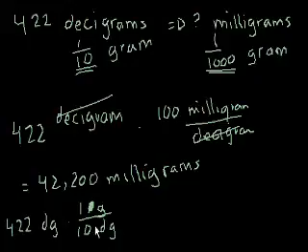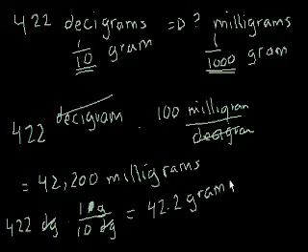And the reason why this makes sense is if we have a decigram in the numerator here, we want a decigram in the denominator here. So the decigrams cancel out, so 422 decigrams will equal, that divided by 10, 42.2 grams. And now we could just go from grams to milligrams.